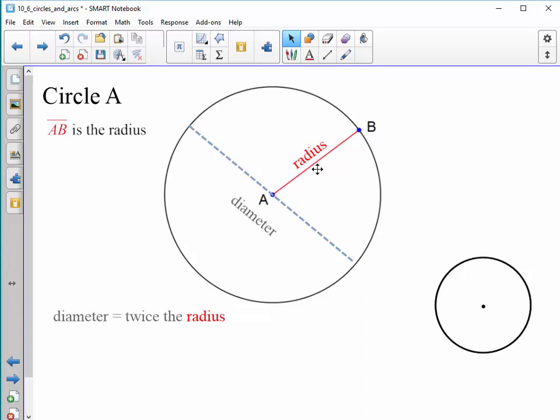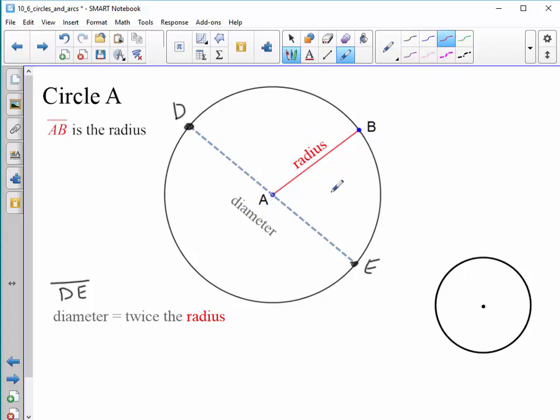Now, if this is the radius, then if I draw a diameter, if I pick a point and call this D and call this point E, then DE passes through the center of the circle. DE is a chord that passes through the center of the circle, and so that's a diameter. And the diameter is going to be double the radius.